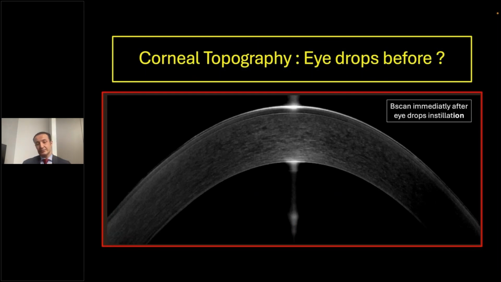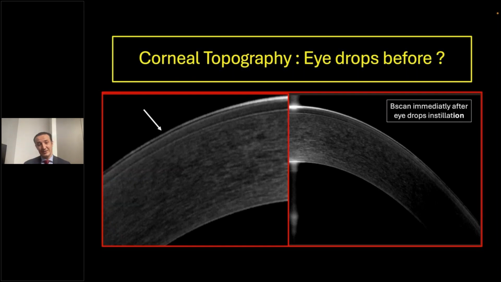Sometimes many assistants give the eye drop to the patient before the corneal topography exam to help the acquisition of the corneal topography. But when you put the eye drop on the eyes of the patient, you induce a thickening of the epithelium.